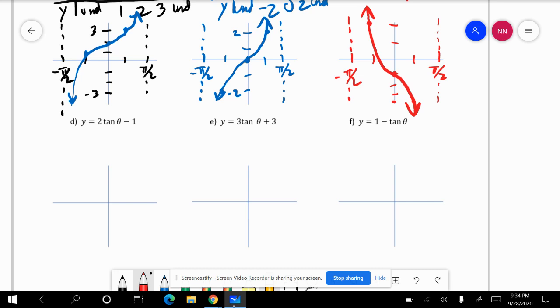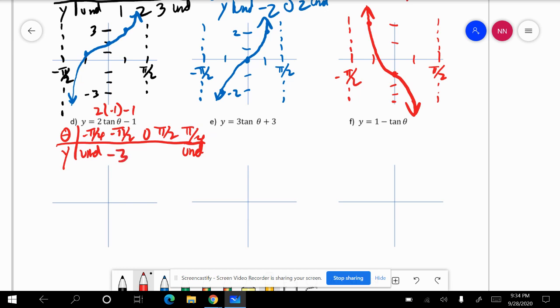Now, let's look at 3 more examples. If we're looking at letter D, we're going to be plugging in the values. It starts with undefined, it ends with undefined. When we plug in the -1, we get -2 minus 1, which is -3. When we plug in a 0, that gives me -1. And when I plug in a 1, that gives me 2 minus 1, which is 1.